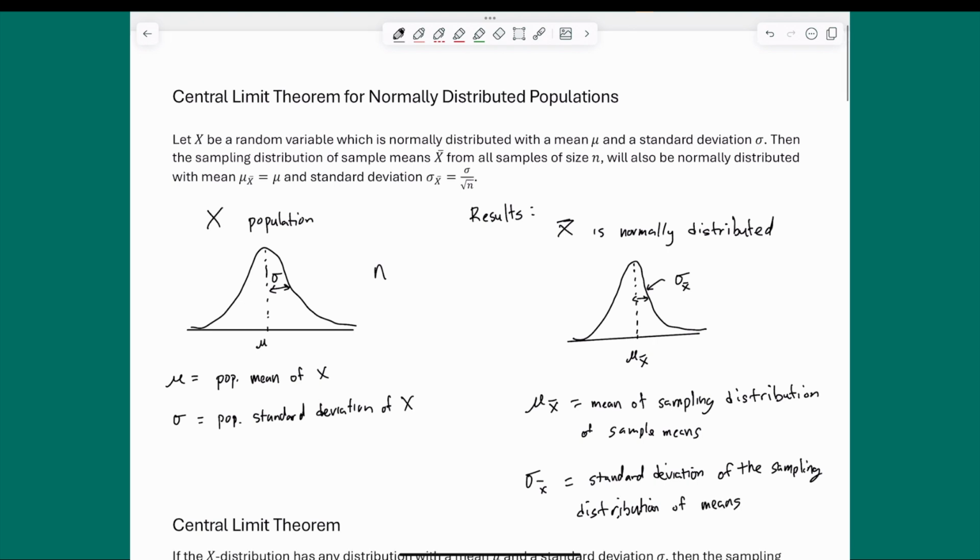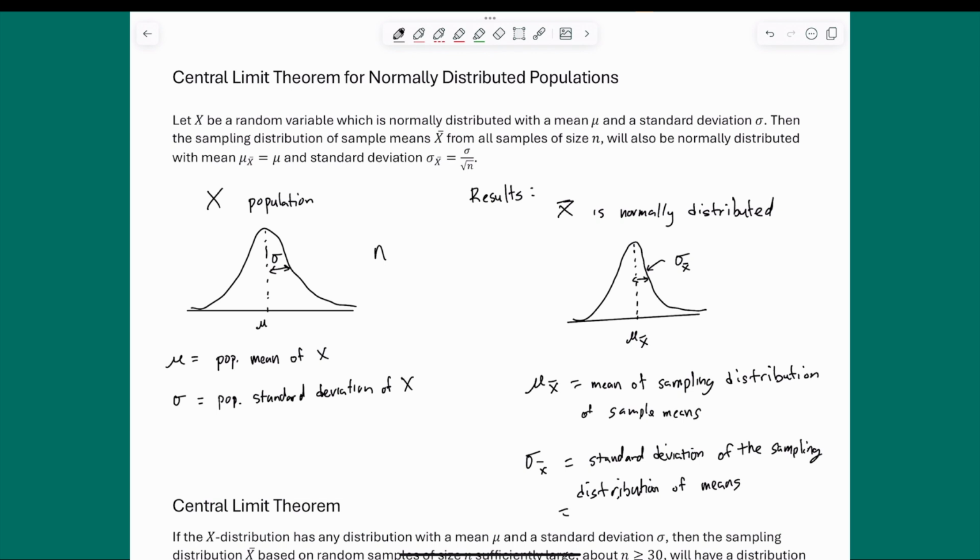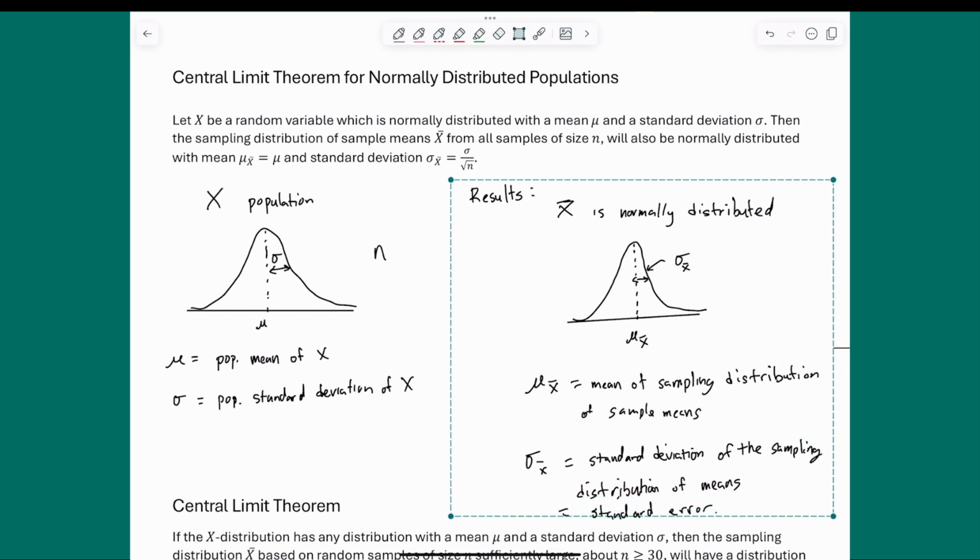This is sometimes also referred to as the standard error.